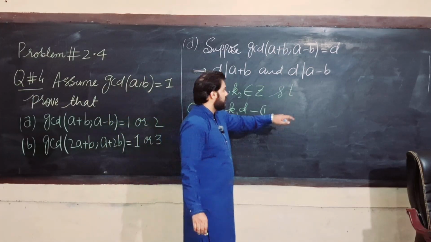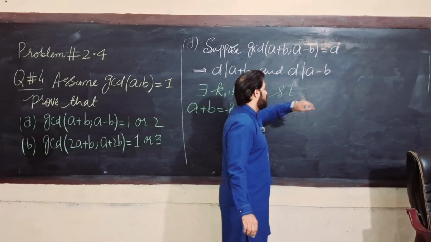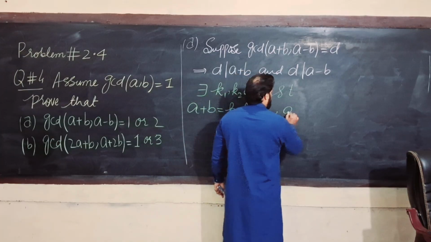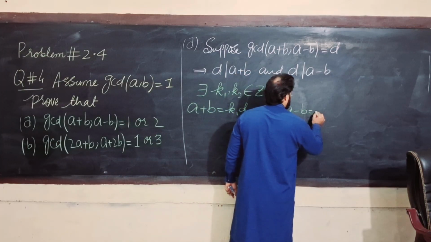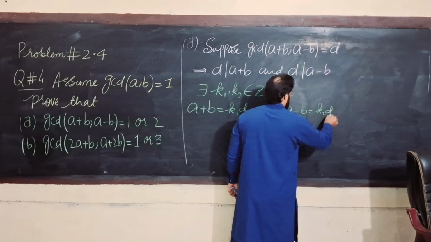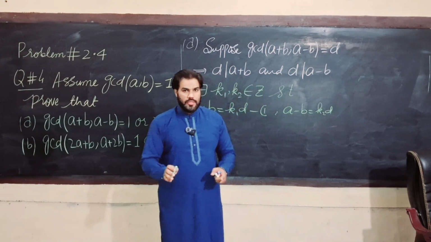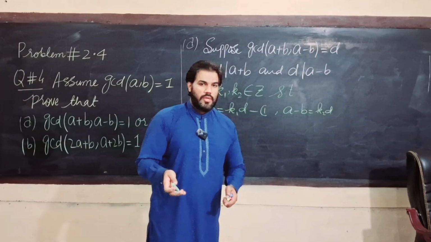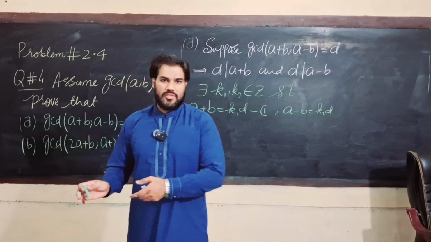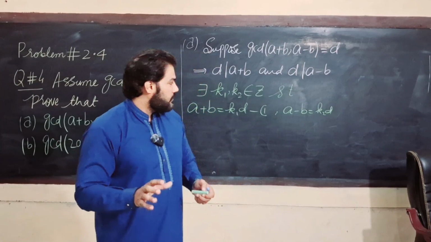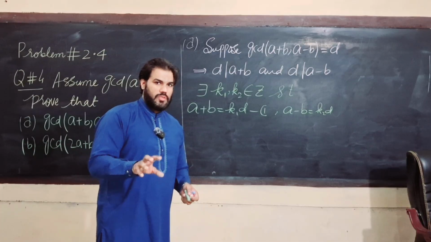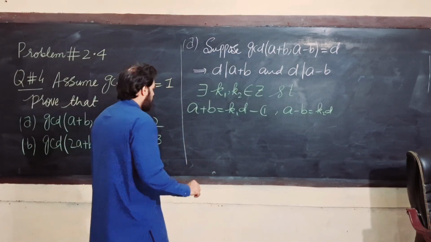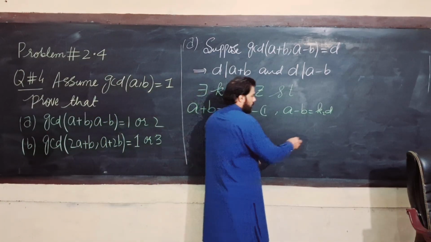Similarly, there exists an integer k2 for this division. We have A minus B is equal to k2 times D. I hope you are familiar with the definition of divisibility and the definition of GCD. Otherwise, you can watch my previous lectures in which I have briefly discussed the concept of divisibility and GCD. Say this is my equation number 2.